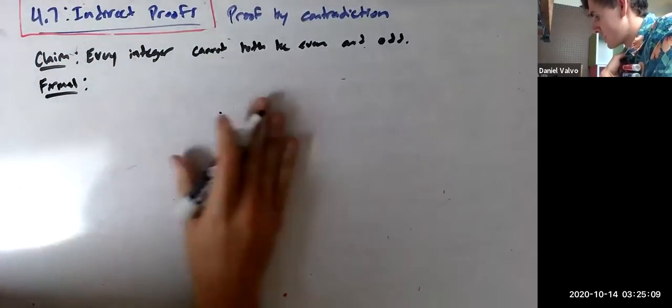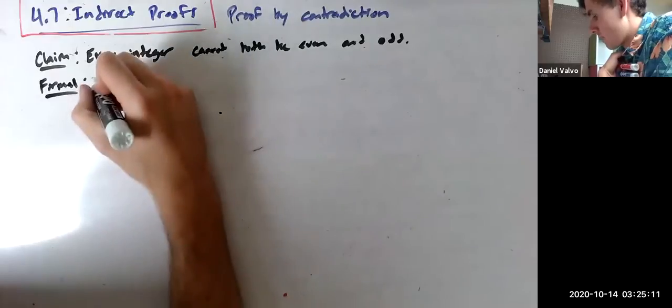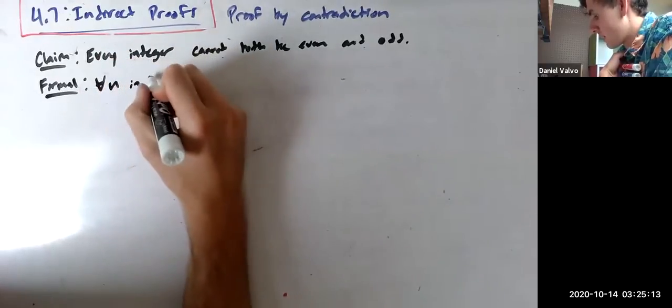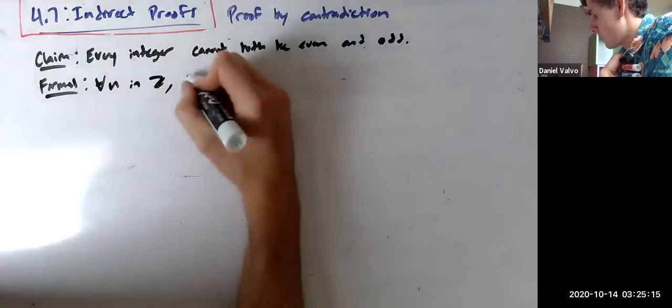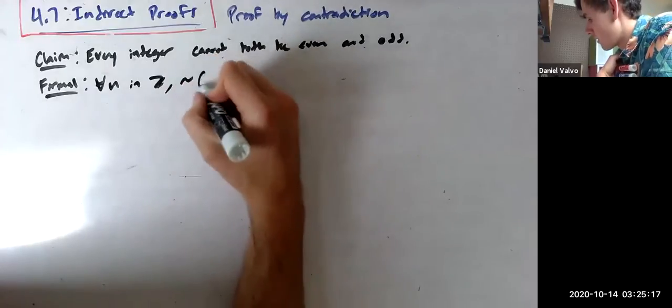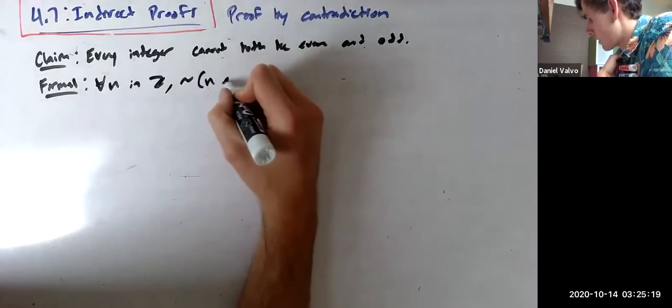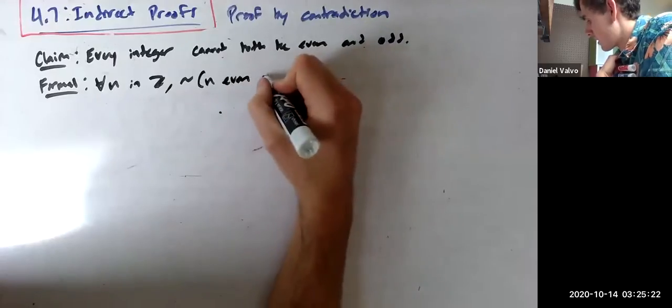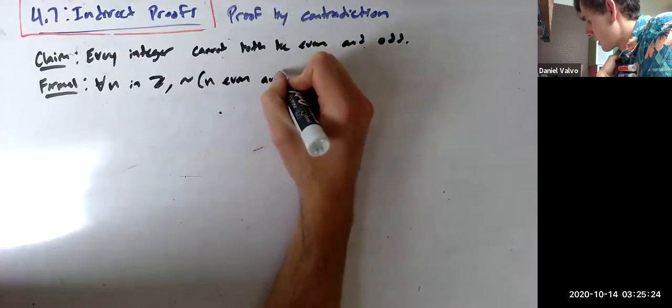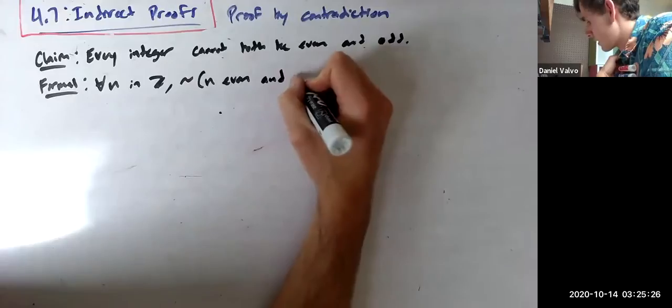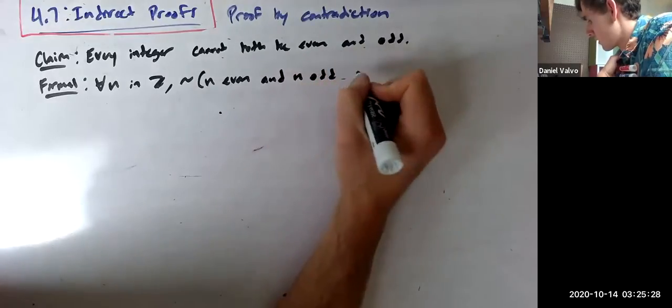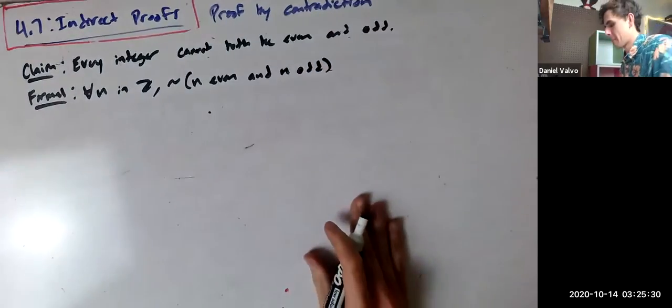So formally, what this is saying is that for all n in Z, we don't have n even and n is odd.